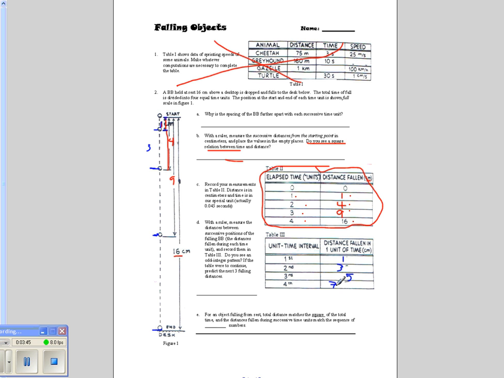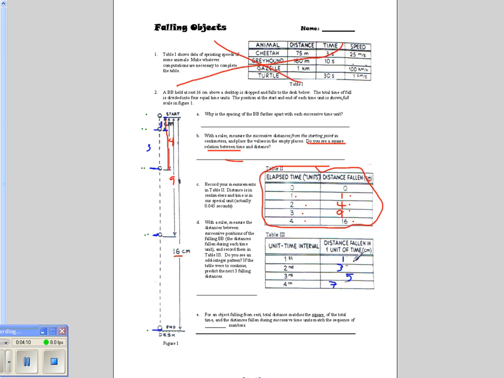So the big concept here was understanding distances in between time intervals. From 0 to 1 seconds, that was 1. From 1 to 2 is the next time interval. From 2 to 3, and from 3 to 4.